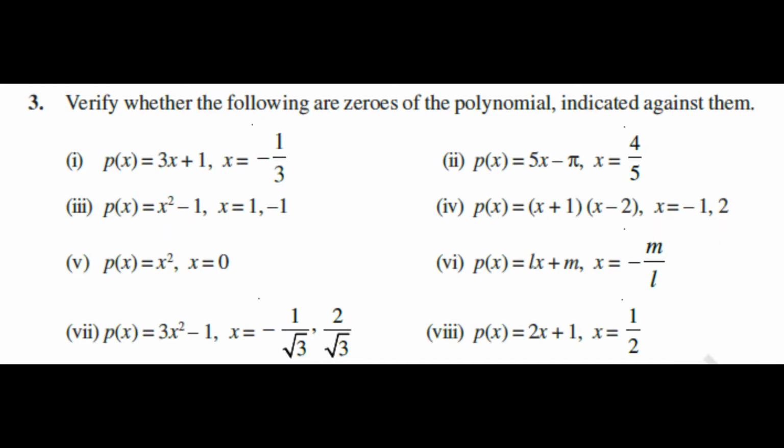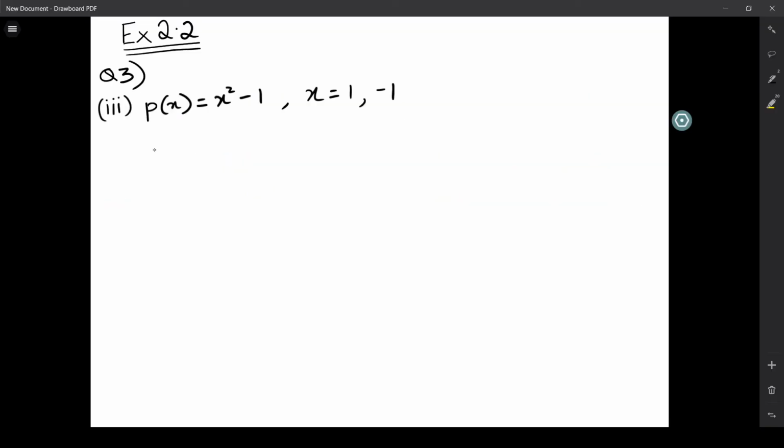The third part of the question, the polynomial is x square minus 1, and there are two values of x given to us. x is equal to 1 and minus 1. So here, let's try x equal to 1 first.